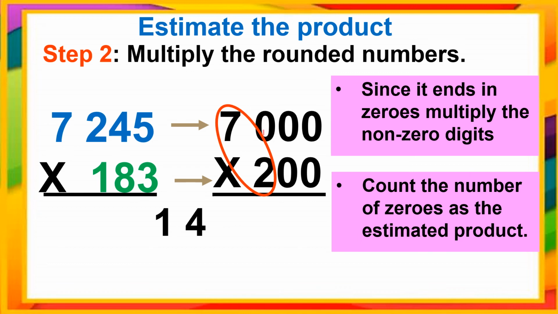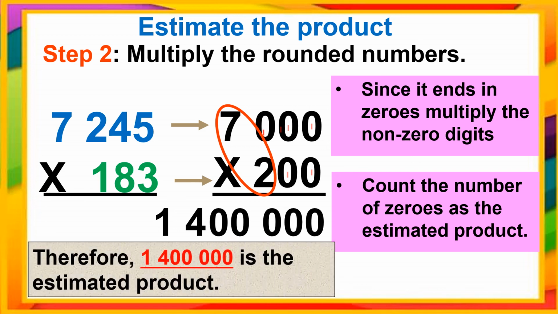We have here 1, 2, 3, 4, 5. So we write 5 zeros below. Therefore, the estimated product of 7,245 times 183 is equal to 1,400,000.